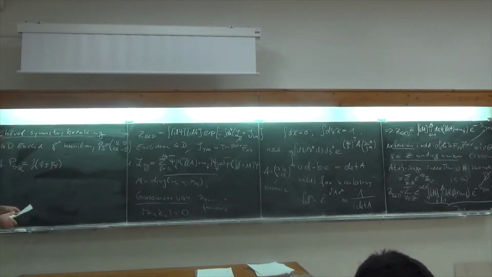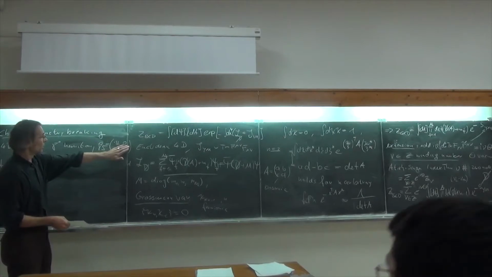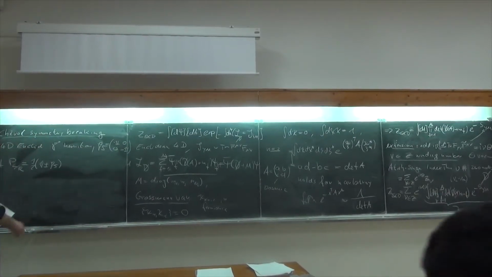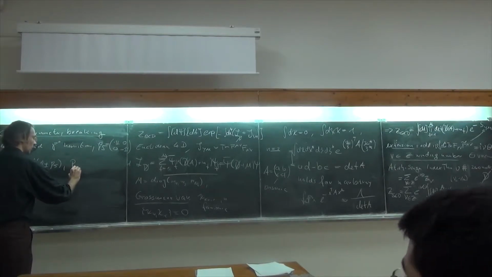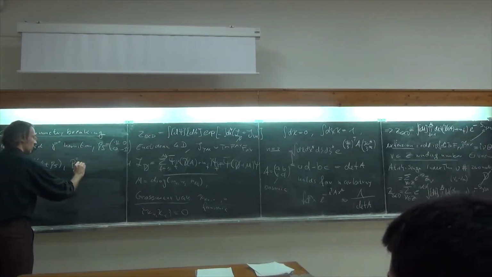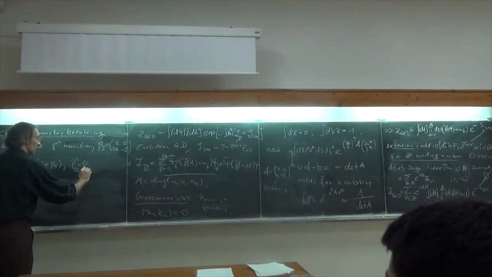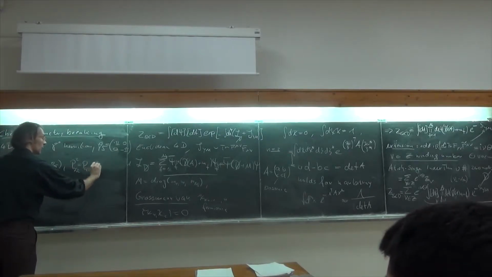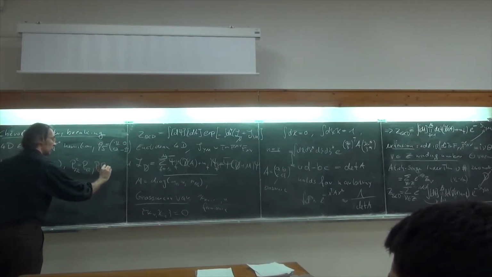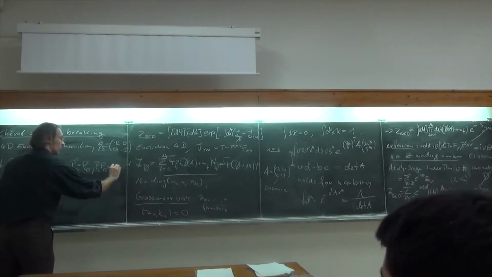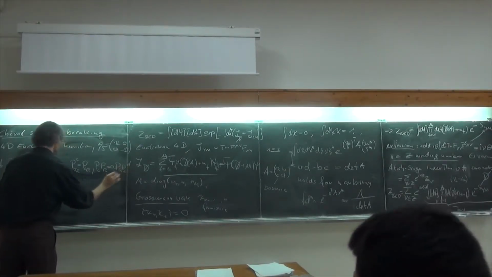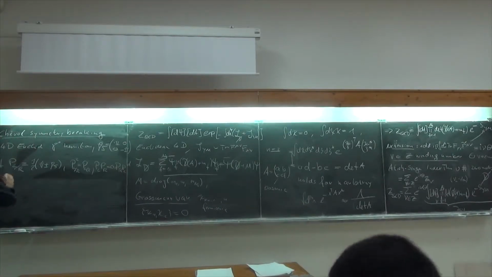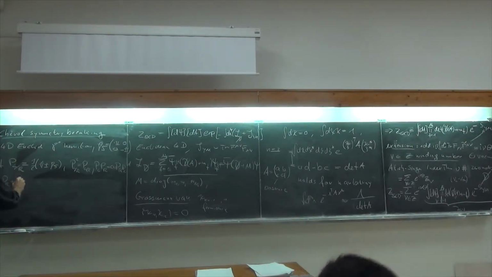That will just project on the upper sector or on the lower sector. And of course, because they are projection operators, if you square them, they give the same. And then P L P R is 0, and P R plus P L is 1.